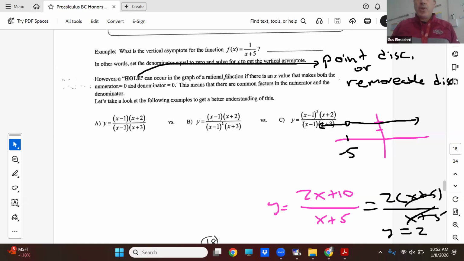And in order to determine it, you need both numerator and denominator to be 0. Both. So you need common factors. That's how you could tell. So in this case, for part A, those cancel. For part B, you get this, and for part C, you get this. So what's happening?